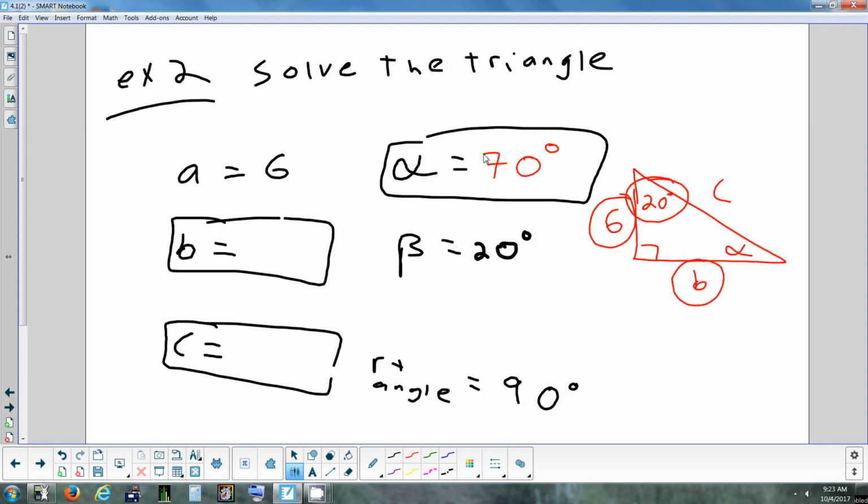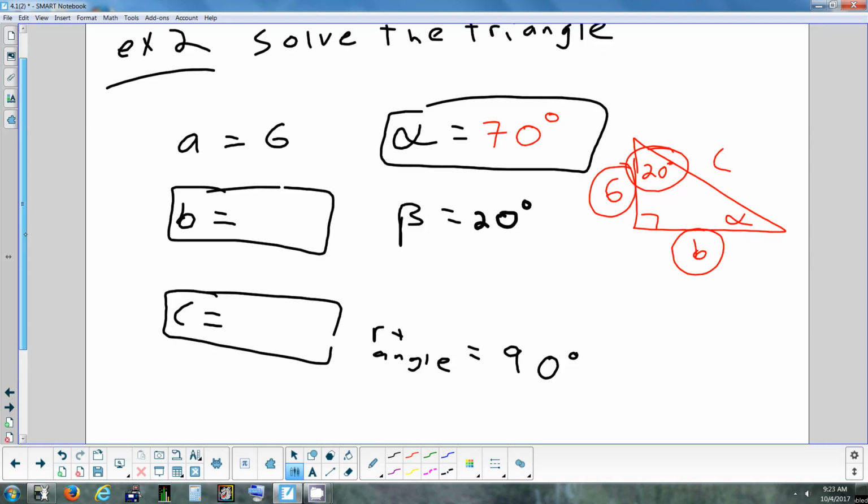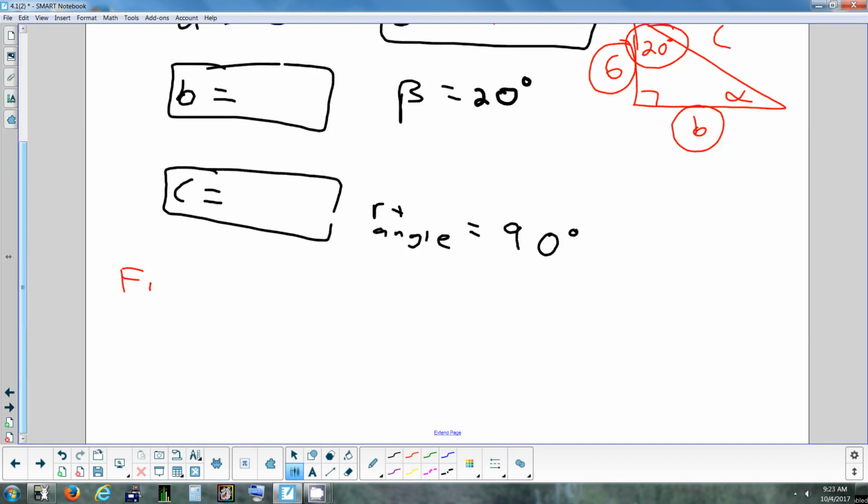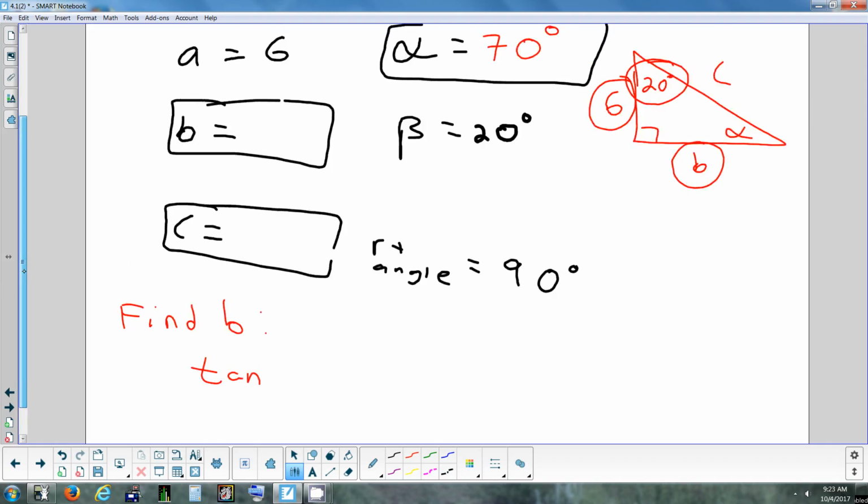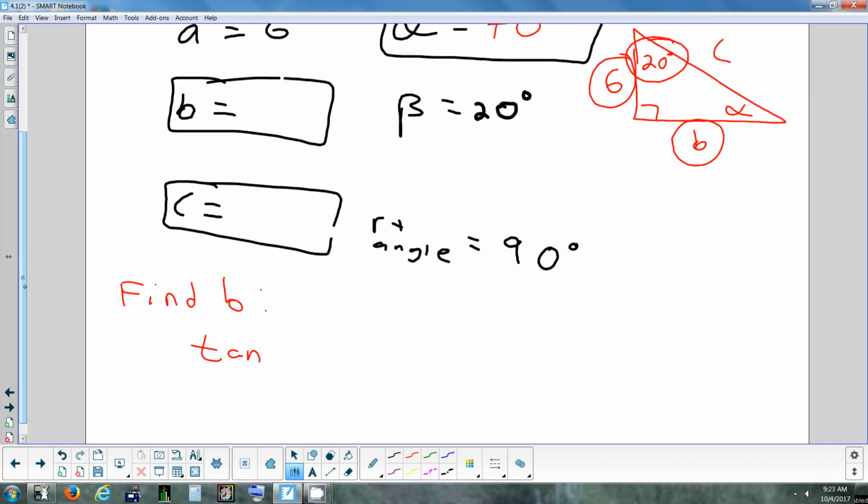So we're going to set up an equation to find B. So let's find B. It's going to be, Rudy, what's it going to be? Tangent of 20 equals B over 6.